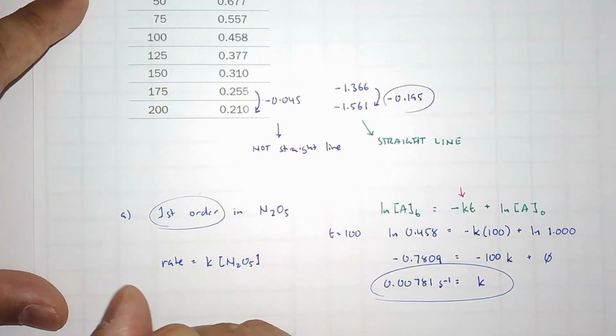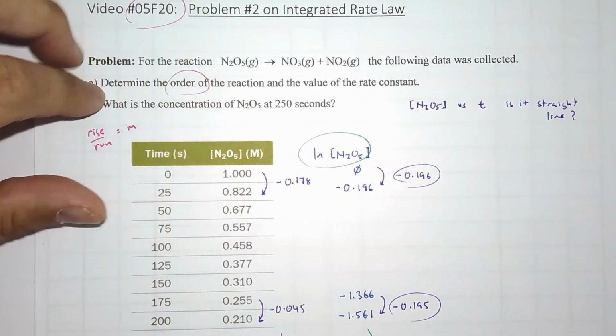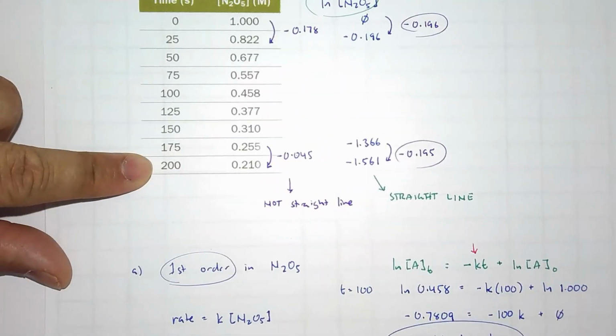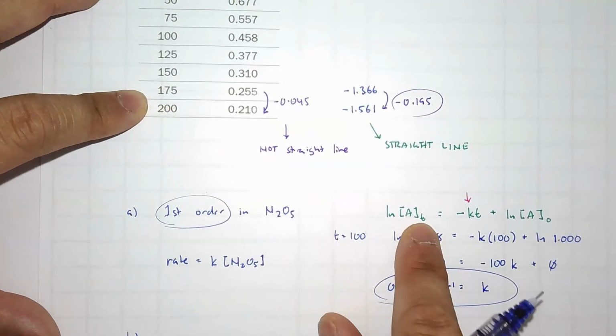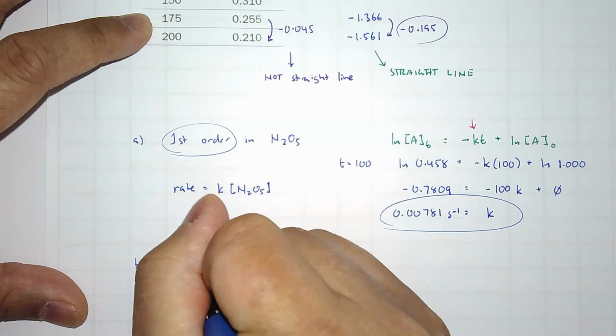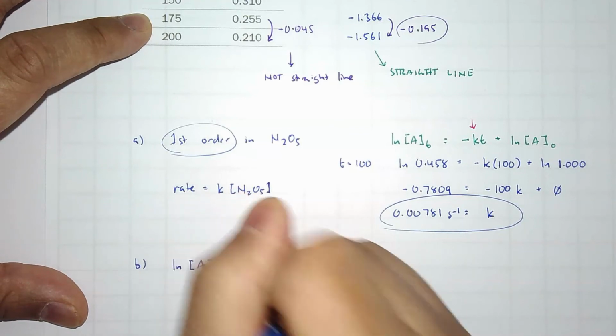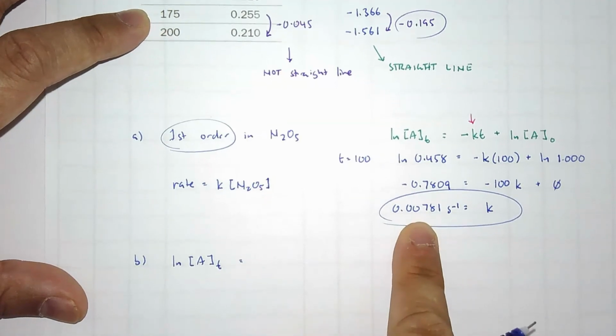Part B. It says, what is the concentration of N2O5 at 250 seconds? Oh, see, they don't give us that number here. They stopped at 200. But we have the integrated rate law, so they want us to know the concentration of A at time 250 seconds. We already have the k.